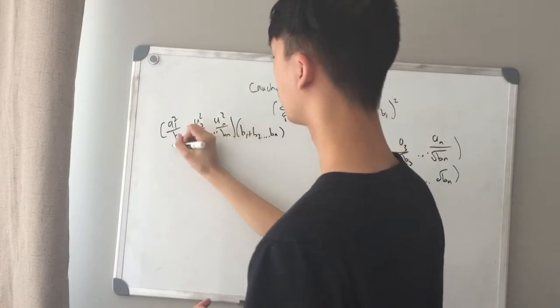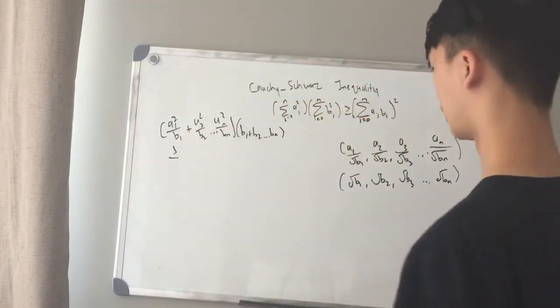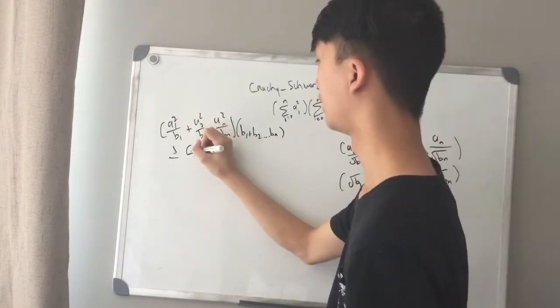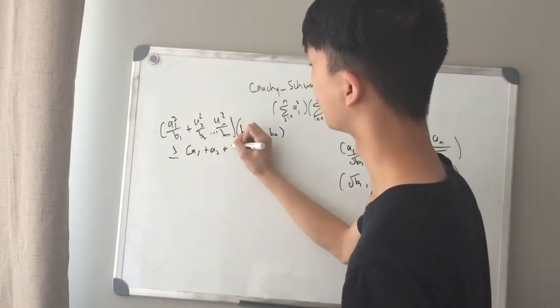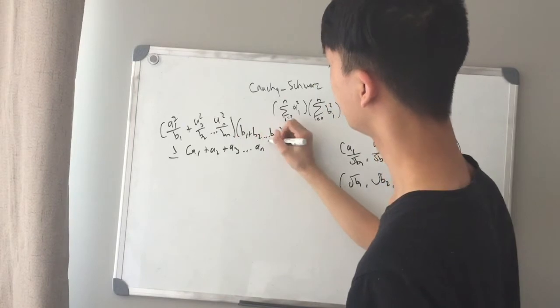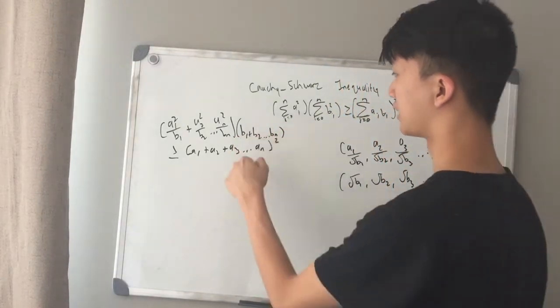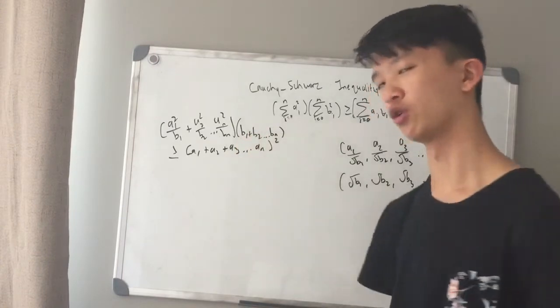This is greater than or equal to the product of each of these terms taken and then all squared. So we get a1 plus a2 plus a3 all the way to an, all squared. But now what happens if we divide both sides by b1 plus b2 all the way to bn?